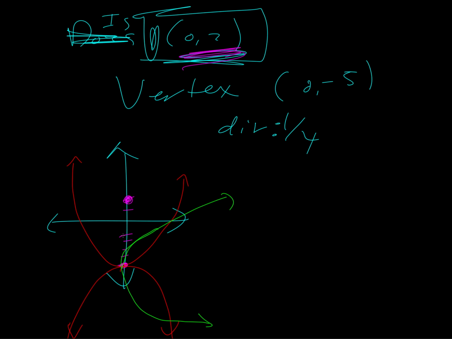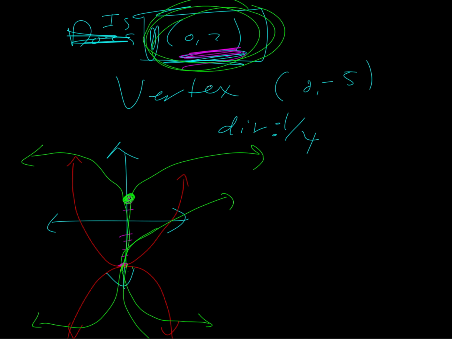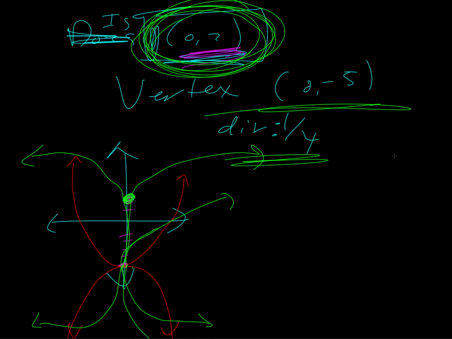Now, it's never going to be skinny enough, or wide enough. It's never going to be able to go like that, because it's still going to be off of the y-axis a little bit, and so it won't actually get to this point. And then even if we drew it this way, same reasoning, it would never be able to get to that point. So we can confidently say that this is not on this parabola.